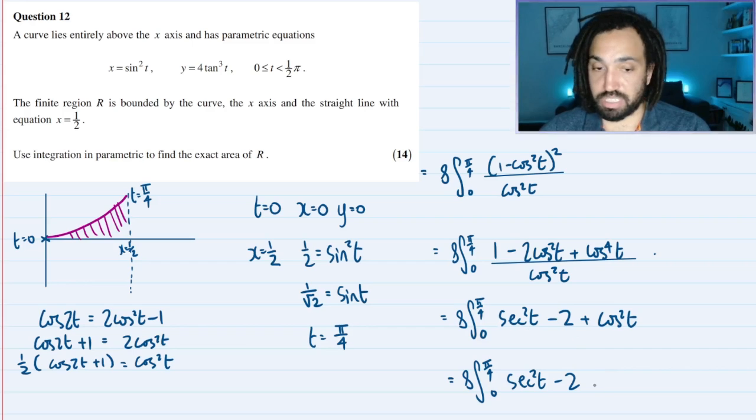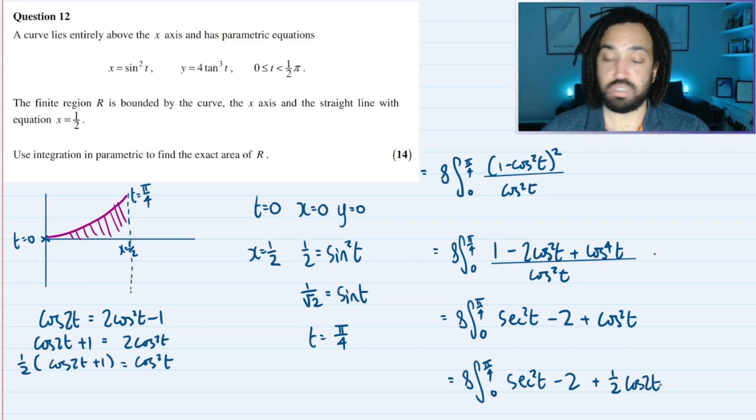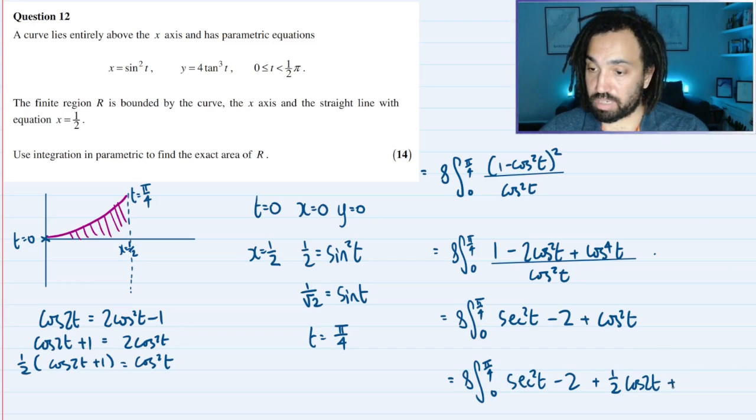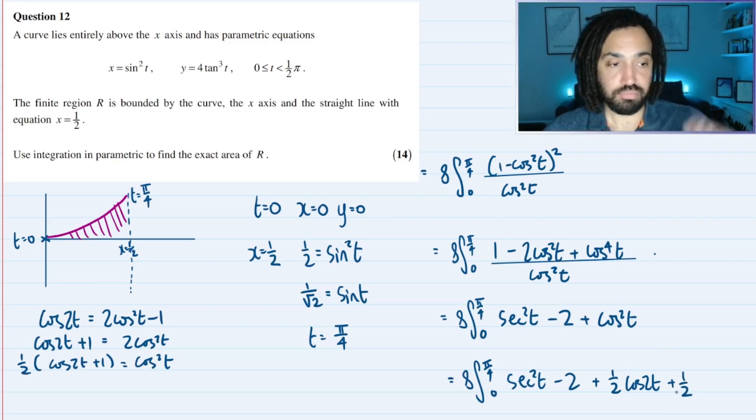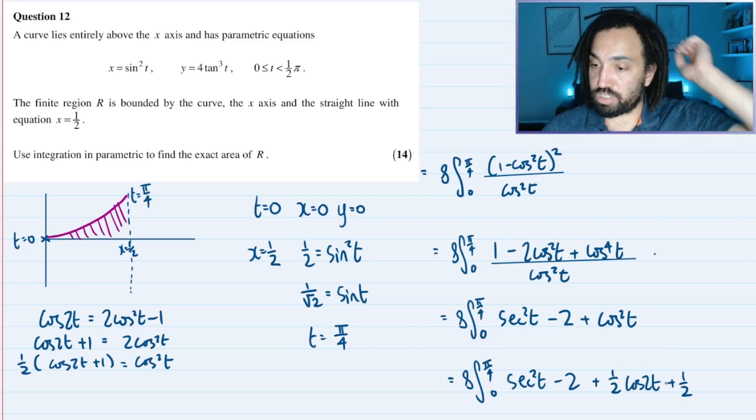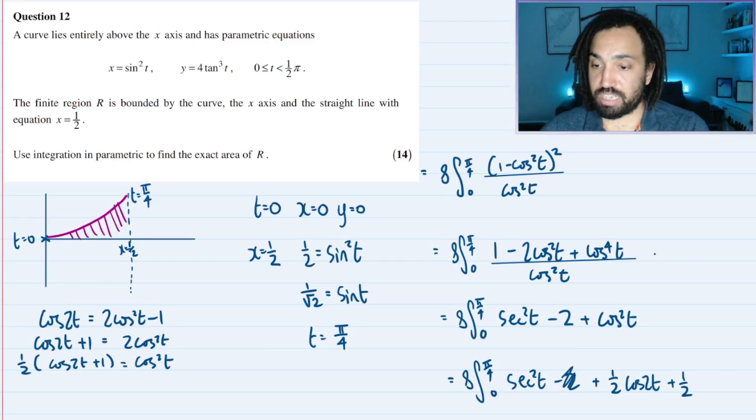Okay, so that goes into there. So that is plus 1/2 cos 2t plus 1/2. And we've got minus 2 plus a half here, so that's the same as minus 3 over 2, dt, which I've missed out every time.